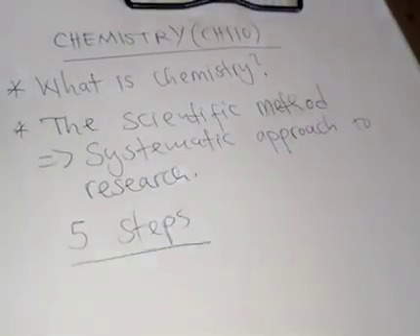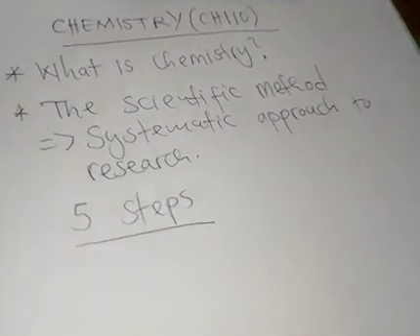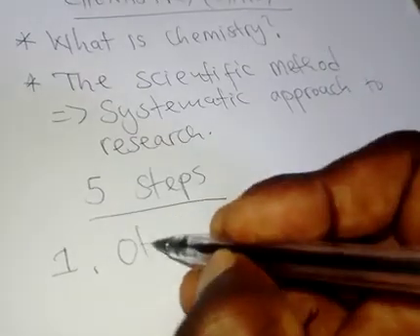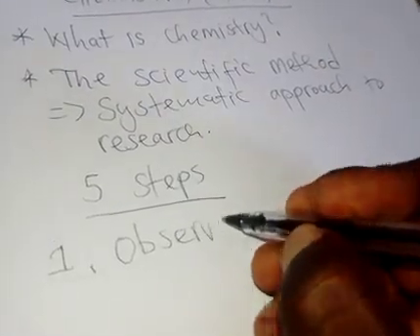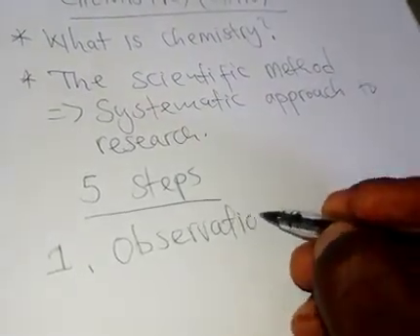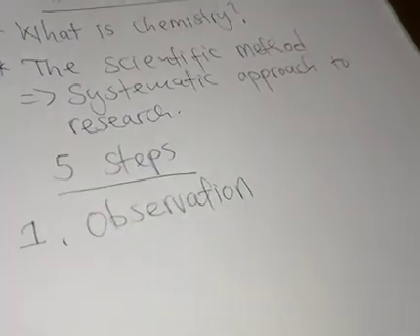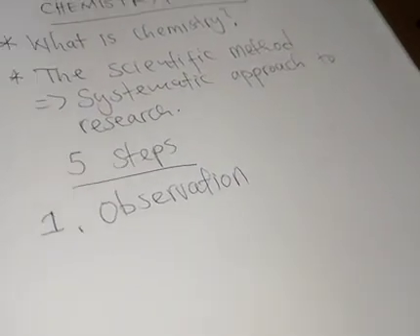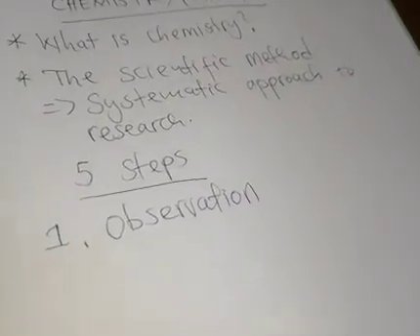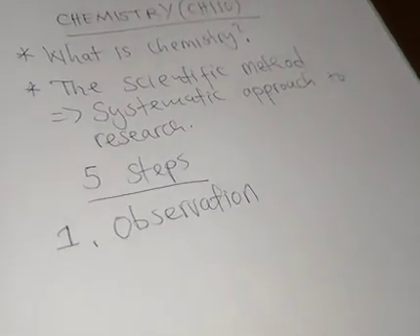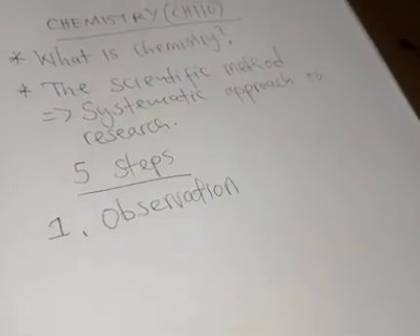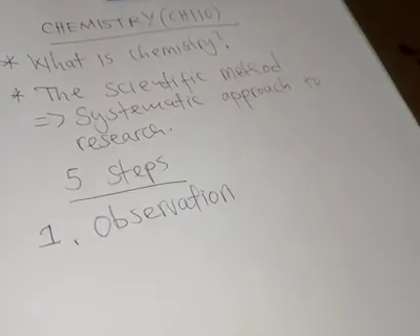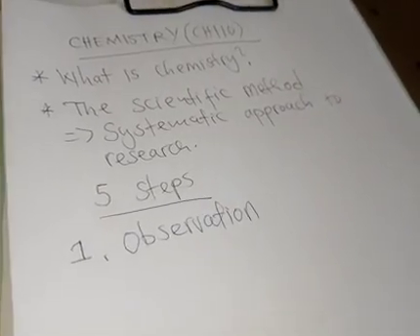So there are 5 steps to the scientific method, and the first one is actually observation. So under observation, when there is a natural phenomenon or simply an occurrence that is taking place, scientists observe that natural phenomenon or occurrence.